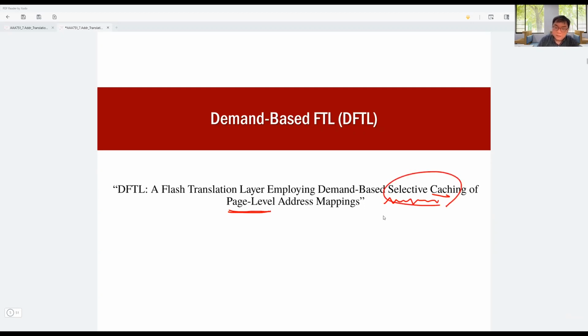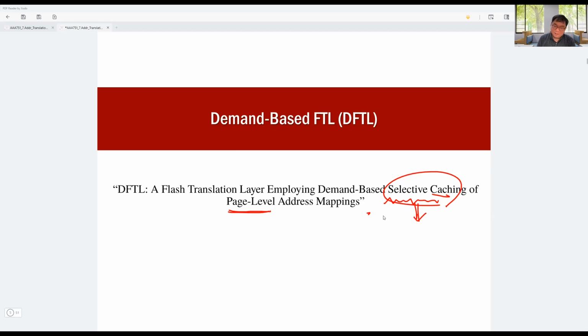This paper applies the page level mapping mechanism, and this page level mapping mechanism is good for random writes or random accesses to SSD. But we already know that with page level mapping, the size of the address translation table matters. So the authors apply a caching mechanism.